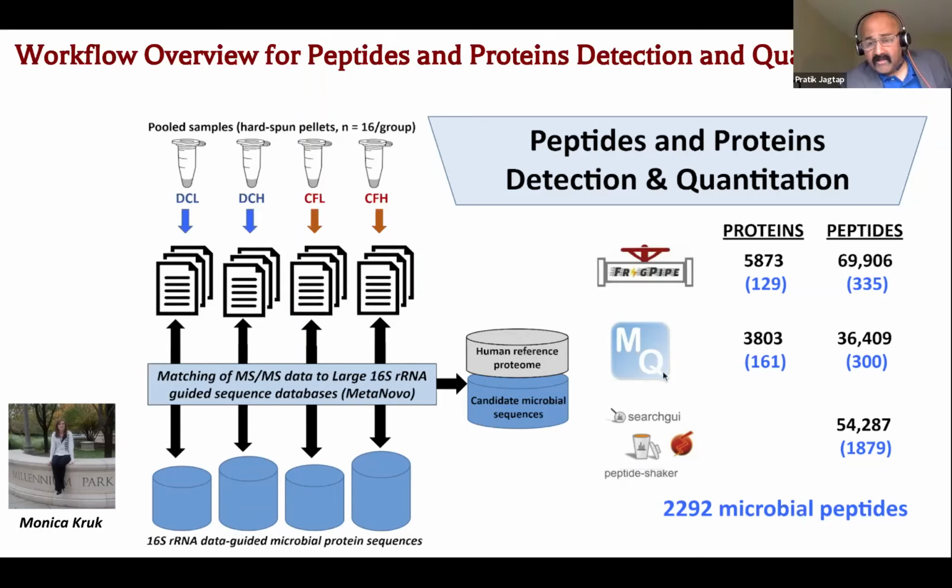So using these three search algorithms, we identified proteins, and shown here in parentheses are the microbial proteins or microbial peptides that were detected. So we ended up detecting almost 2,300 microbial peptides.